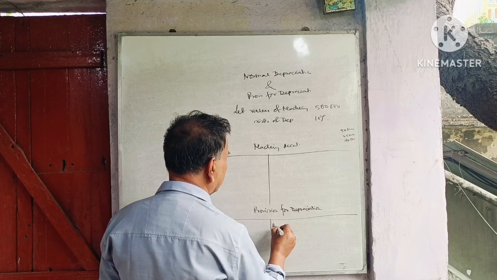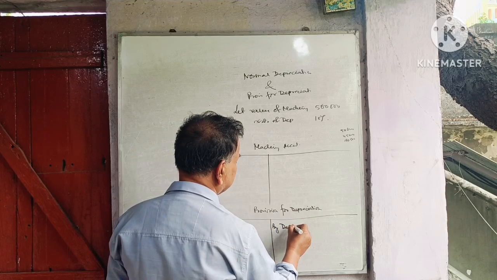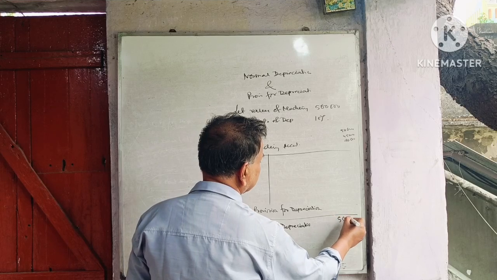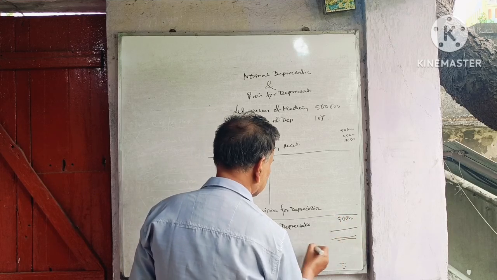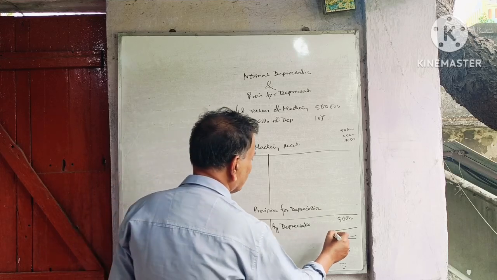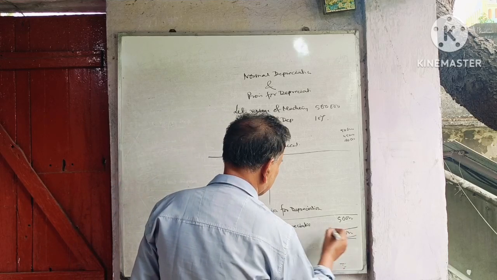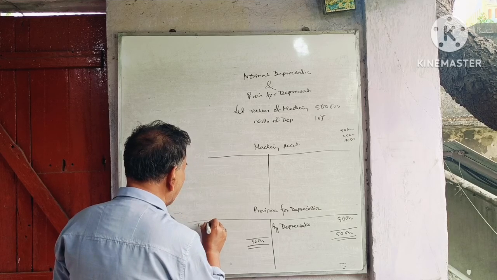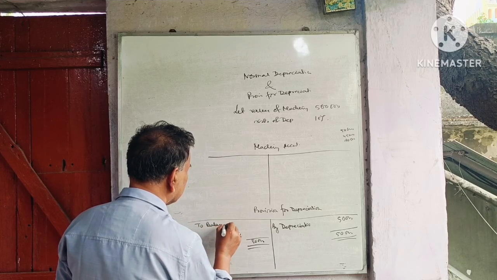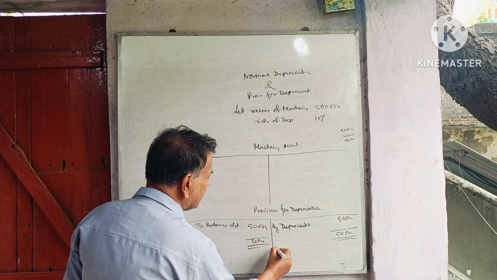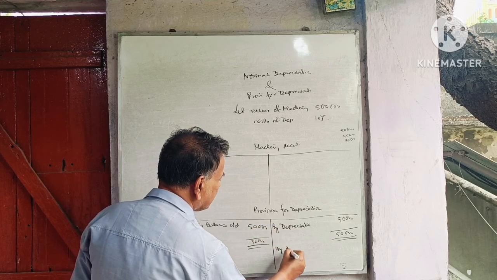So I am writing over here by depreciation 50,000. It will be transferred to balance CD. In the next year it will go by balance BD.